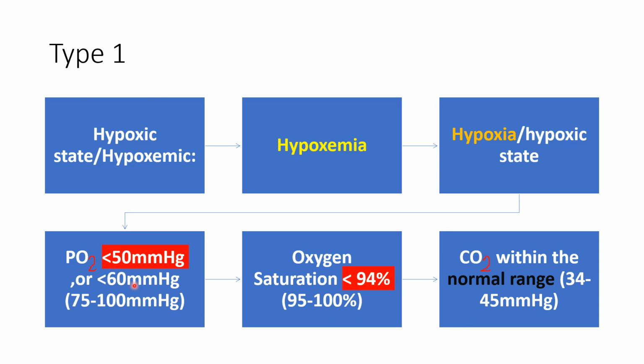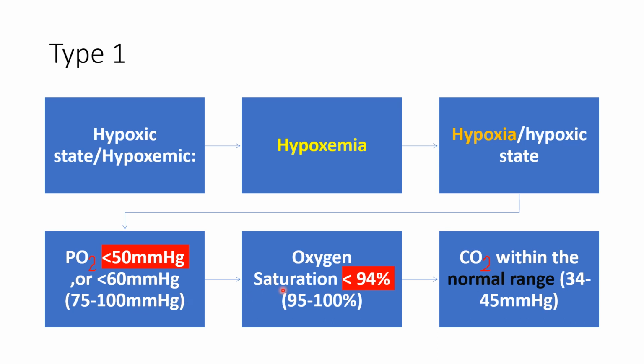We are dealing with type 1 respiratory failure, because the normal range is 75 to 100 millimeters of mercury. Remember, the partial pressure of oxygen is the amount of oxygen dissolved in the blood, and it reflects the strength of the lungs to pull oxygen into the blood.